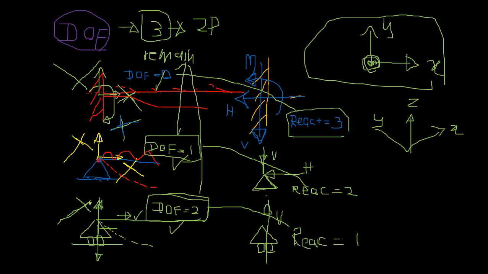So the restrained degrees of freedom will have a reaction, right? So the remaining degrees of freedom plus the number of reactions equals 3 in the case of a two-dimensional joint, right?